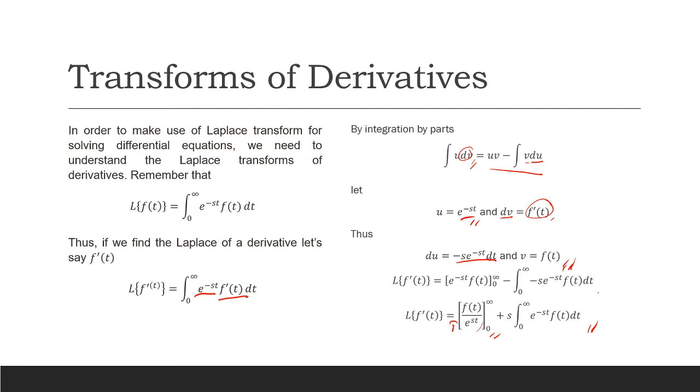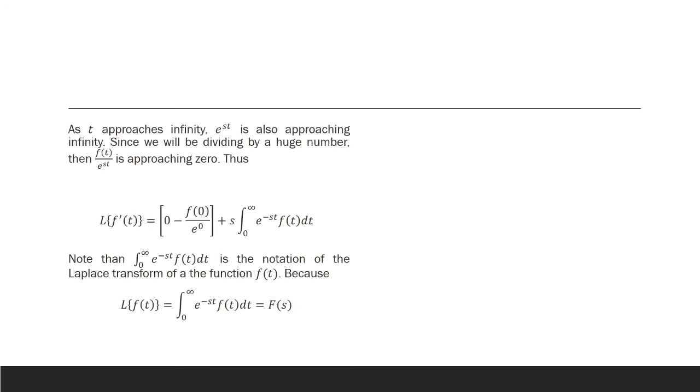Kasi habang palaki ng palaki yung denominator mo, ang tendency, class, ay paliit ng paliit yung buong term mo. So therefore, since t will be approaching infinity, the term f of t over e raised to st will approach 0. Itong term na to, iyan yung f of infinity over e raised to s times infinity. Since this is getting higher and higher at a very fast rate, this term will approach 0. Kaya 0 na lang yan.